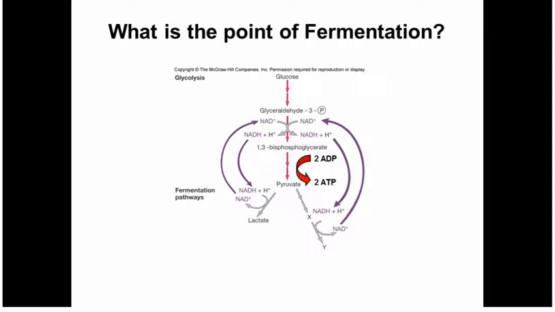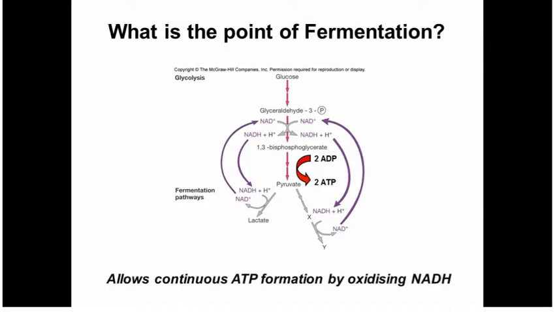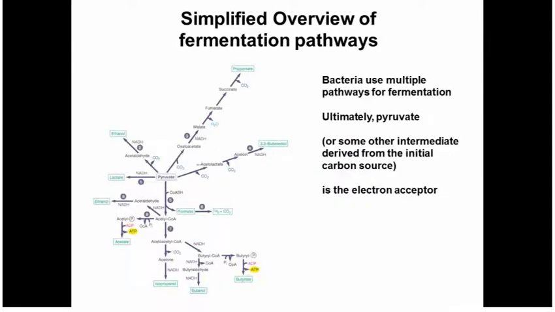So that is the point of fermentation, so that glycolysis can just run around and around and produce ATP. So how does this occur? Well, there are multiple pathways of bacterial fermentation, but they all somehow start with pyruvate.